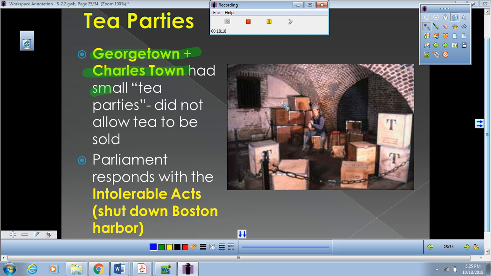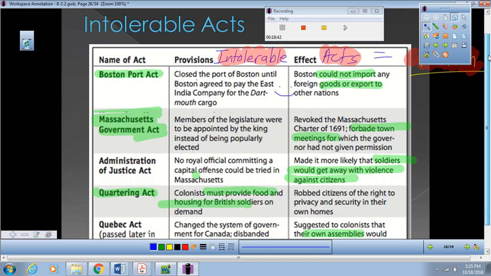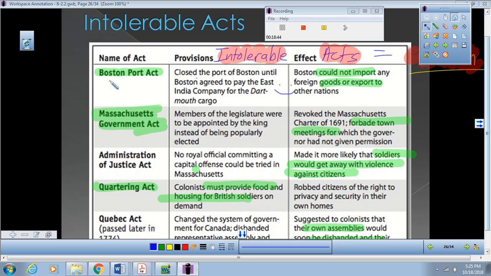So, once again, the Intolerable Acts were the result of the Boston Tea Party. The British passed these Intolerable Acts from the Boston Tea Party and the smaller tea parties that were held in the Carolinas in response to the Tea Act. Now, the Intolerable Acts, you do not have to know them all, but they involved the closing of the Boston ports.